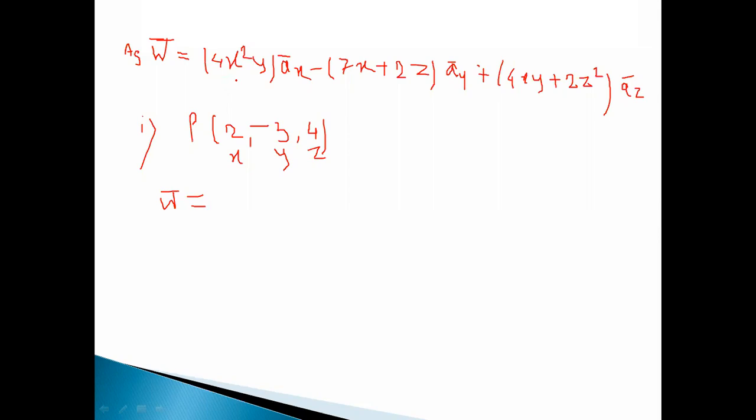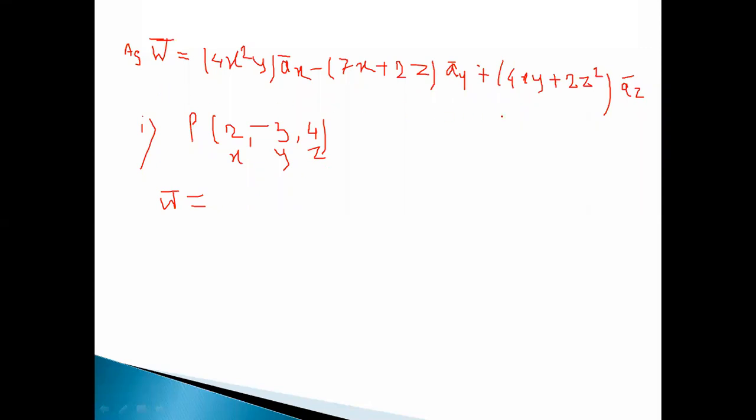But here W bar is given in X, Y and Z terms, right? So it is not a pure magnitude. It is not like 3a bar X, 4a bar Y like this. So it is given in X, Y and Z terms. That's why they have given you the point P. So they are asking to calculate the magnitude of W bar at point P of 2, -3 and 4.